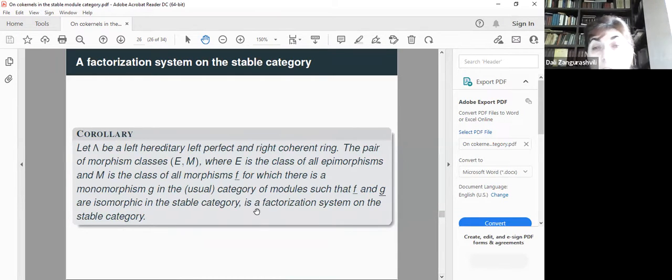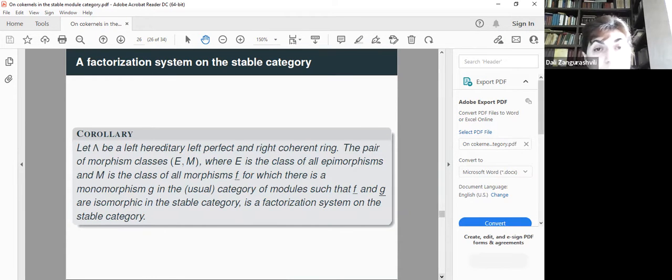And this corollary gives us the answer. In the case of a left hereditary, left perfect, and right coherent ring, as E we take the class of all epimorphisms, but as M we take the class of all morphisms in the stable category which are isomorphic to a morphism that has a representative which is a monomorphism in the usual category of modules.